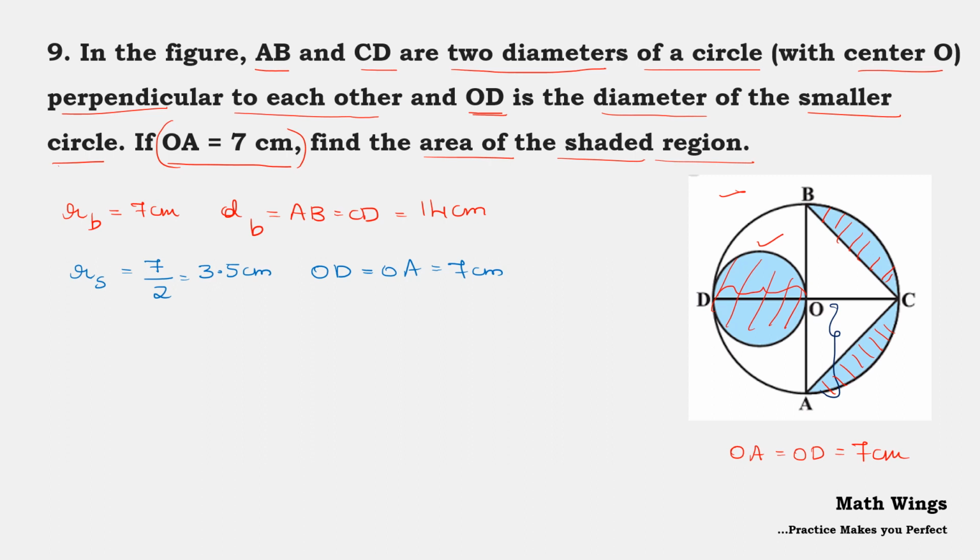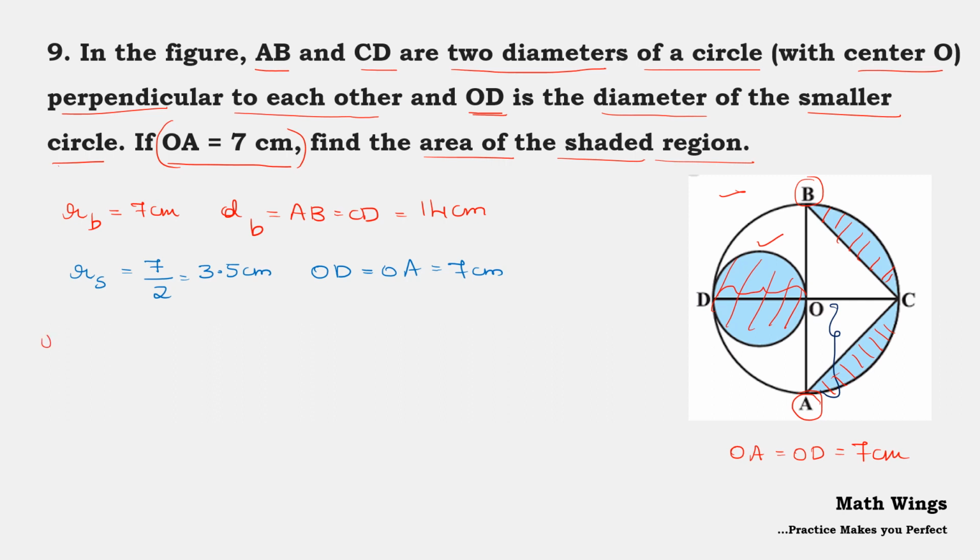These are the parts of the semicircle having the diameter AB. It means these segments are the leftover part when we subtract the area of the triangle from the area of the semicircle. Correct?